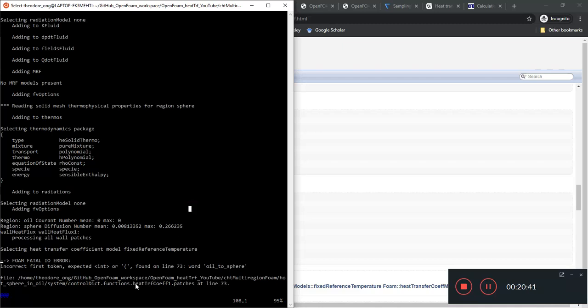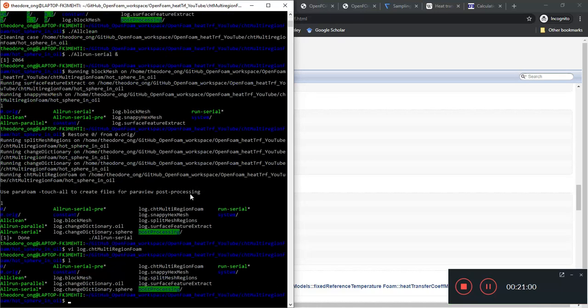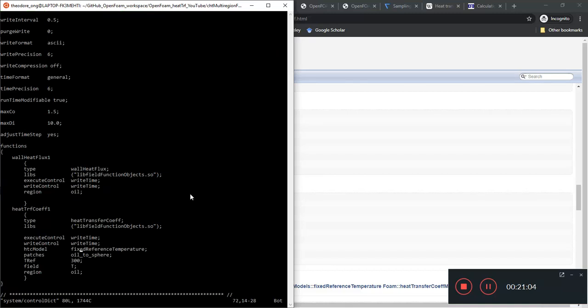All right, what does it mean? It probably means that we need to change the way we write this file. So we need to change the way we name the patch. Let's take a look at how we are supposed to name the patch.